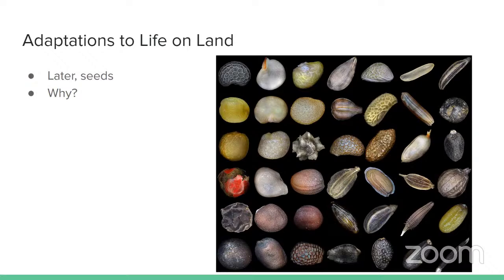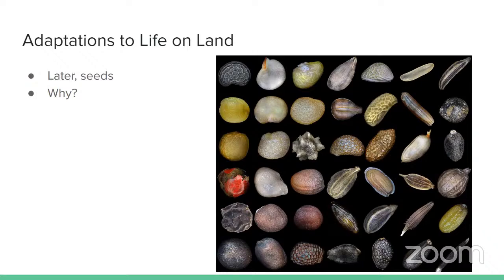Land plants are called embryophytes because they have plant embryos. So we're going to see these protective structures growing around the plant embryo, which is actually forming a kind of microseed.